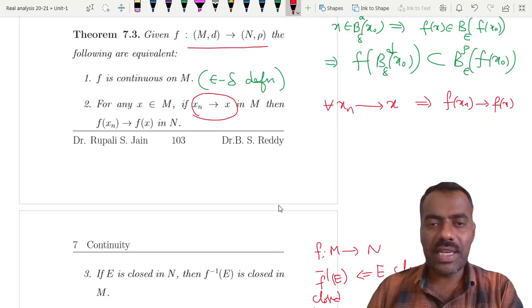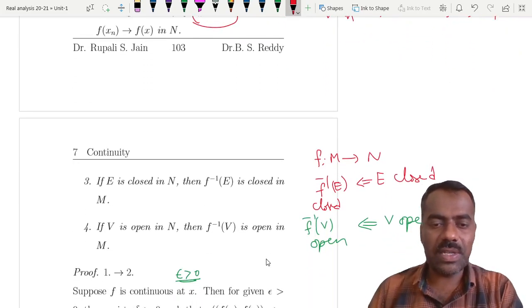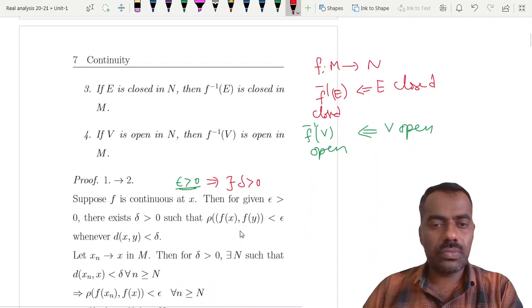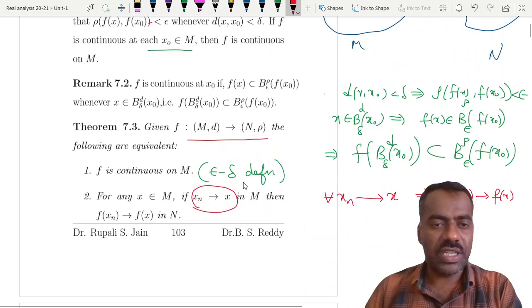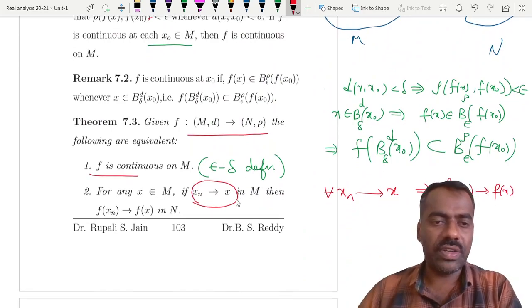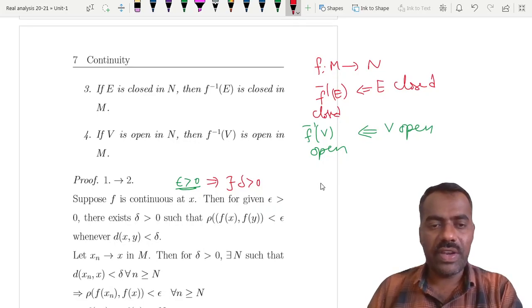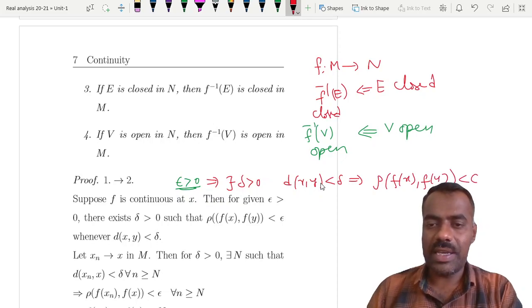So we started with epsilon greater than 0, so there exists delta greater than 0 such that, using the continuity of f, for this epsilon greater than 0, whenever the distance between x comma y is less than delta, then rho of f of x comma f of y is less than epsilon.